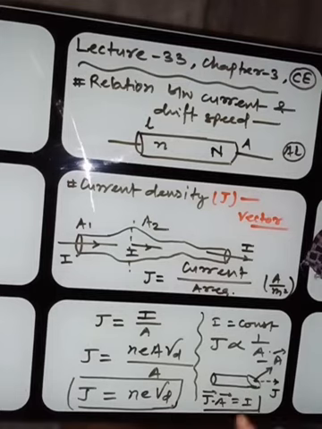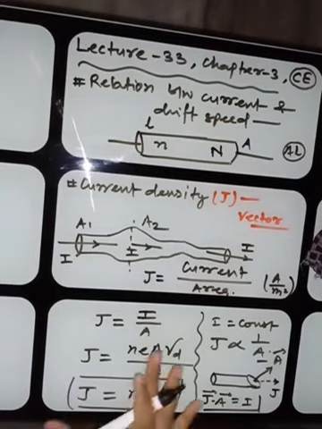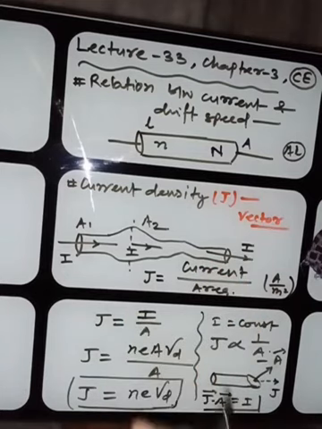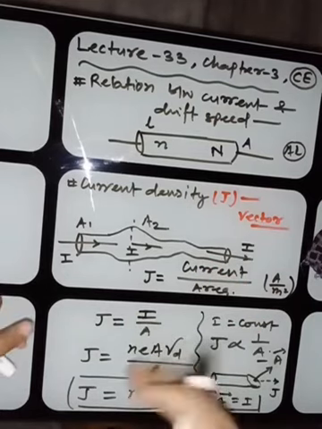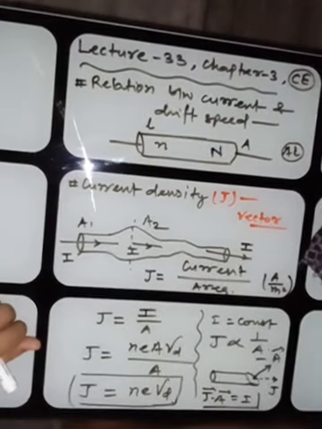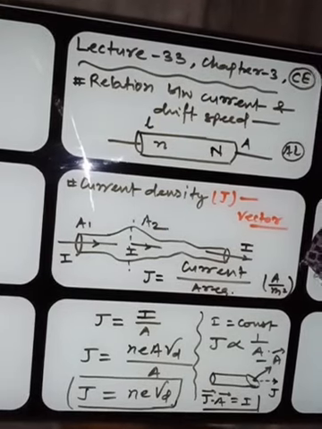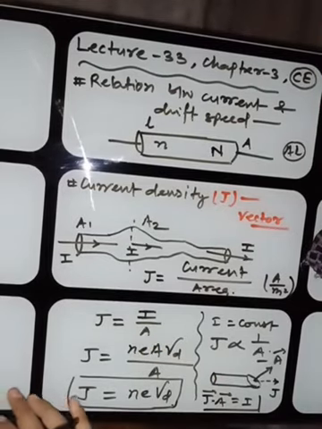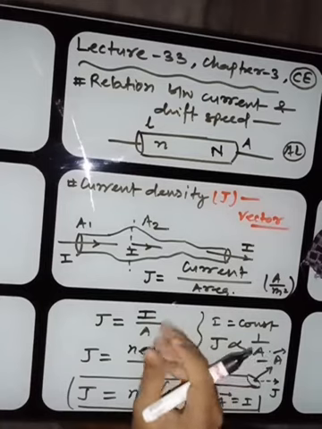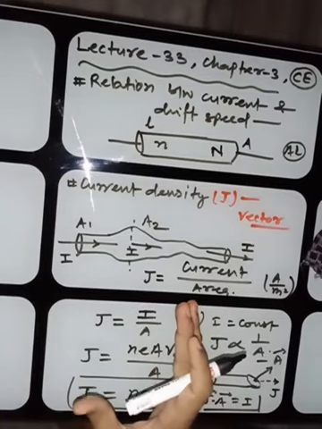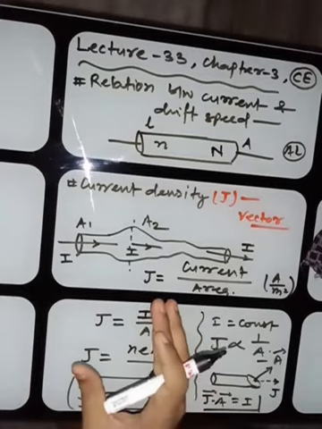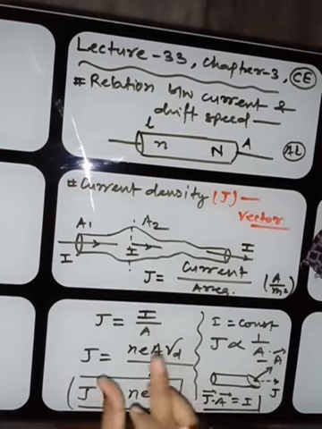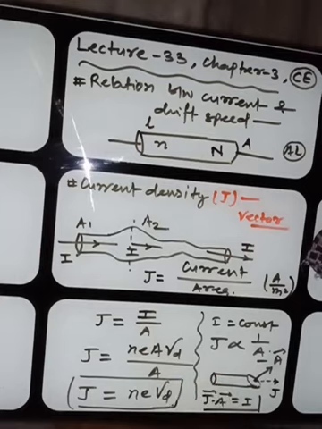Now, a very simple question I'm giving you to solve on the basis of this relation between the current density and the drift speed. So write down the question and data, my dear student. An electron beam has an aperture, that is the cross-sectional area.